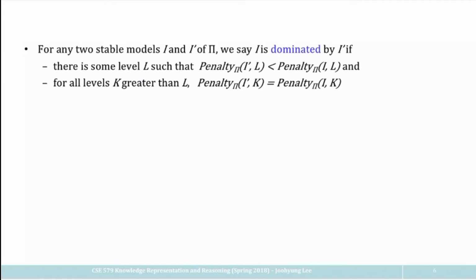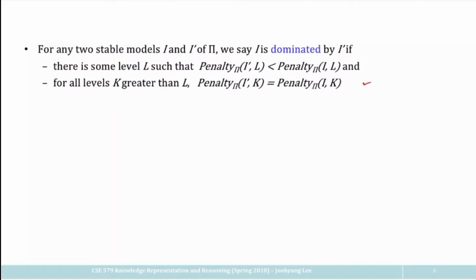Of course, if I is dominated by I prime at the highest level, this second condition is vacuously true, because for all levels greater than k, there is no such level, so this condition doesn't have to be checked.